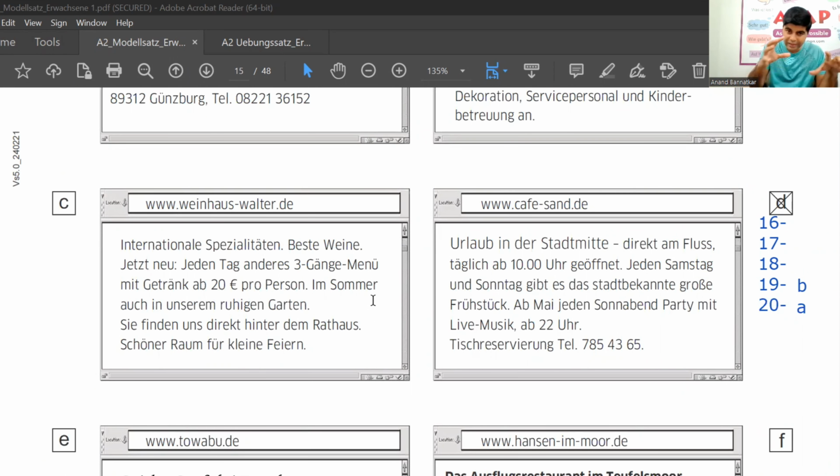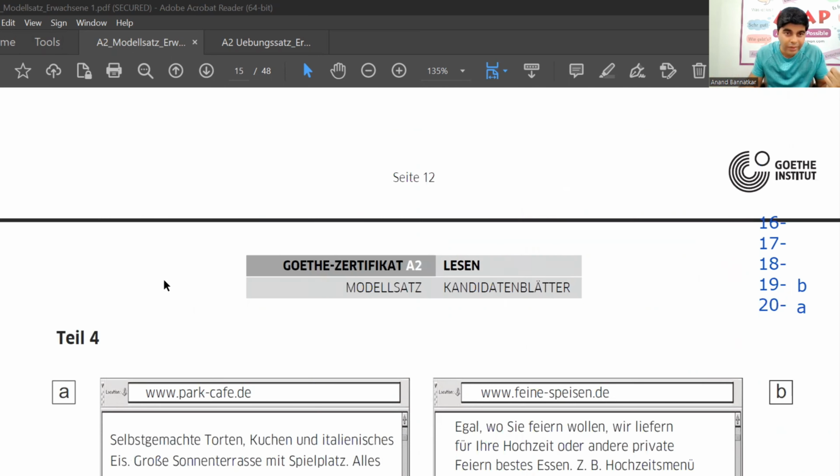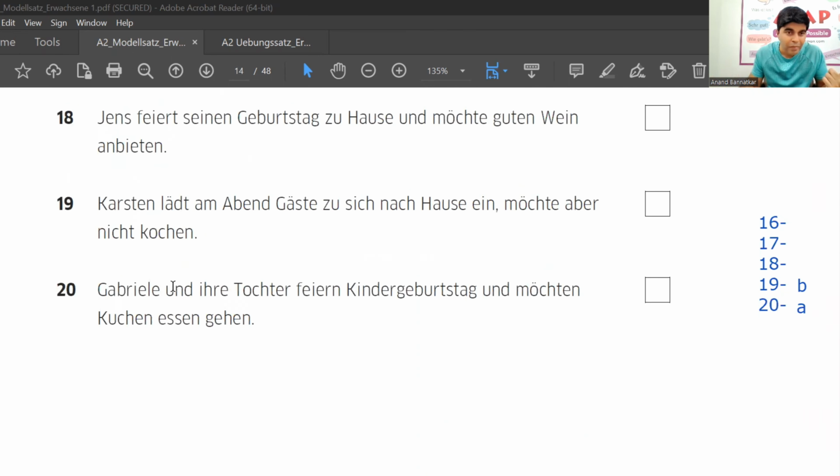Town hall means this is somewhere inside the city, and we know someone wants a restaurant inside the city where they can go with a Geschäftspartner, business partner, and discuss work. Schöne Räume für kleine Feiern, small rooms for small celebrations or maybe small meetings. Okay, so this C is the answer for one of the persons here.